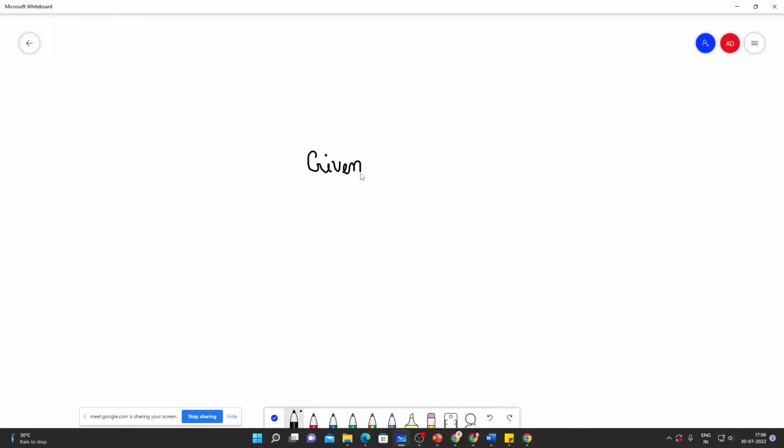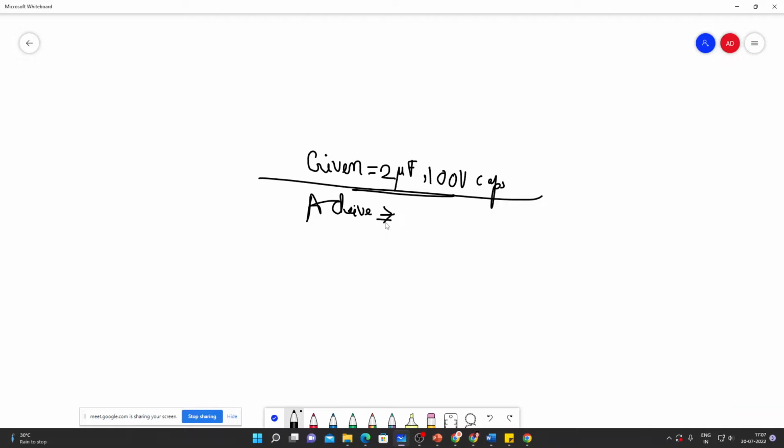Given is 2 microfarad 100 volt caps. You can have n number of these, and what we need to achieve is 1.5 microfarad 800 volts. This we need to achieve.